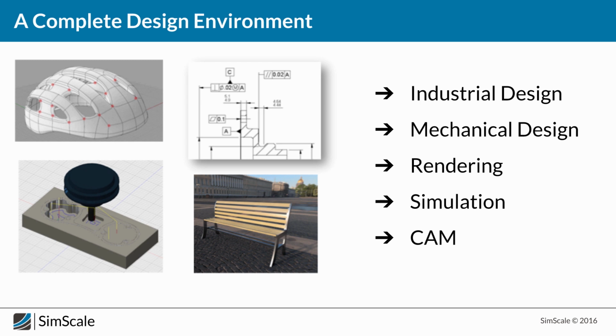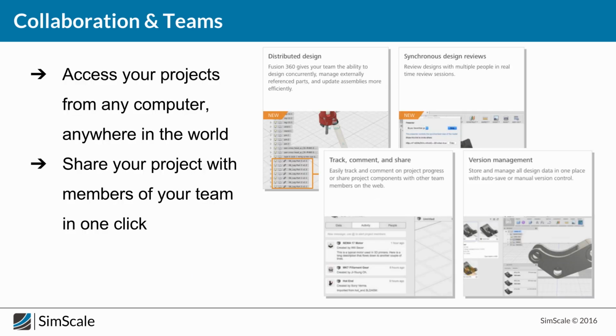This includes industrial design via our T-splines technology, mechanical design with parametric design included in that, and mechanical drawings as well. We have renderings for your marketing imagery. We have some simulation capabilities, definitely not in the same range as what SimScale has to offer, but some stuff there to get you introduced to it at least. And then we also have the CAM workspace as well.